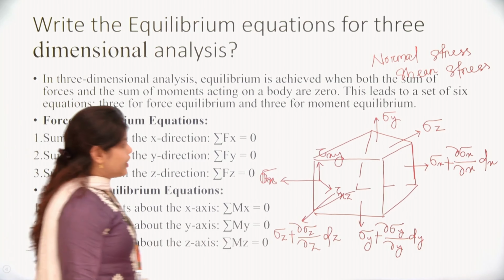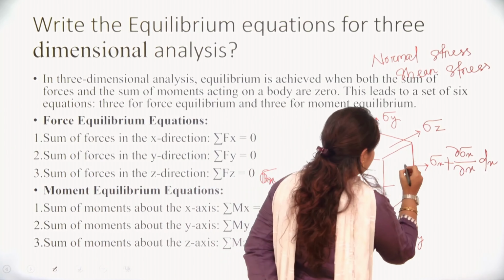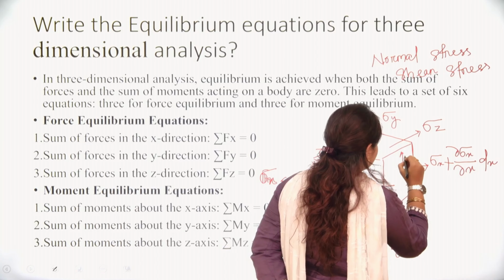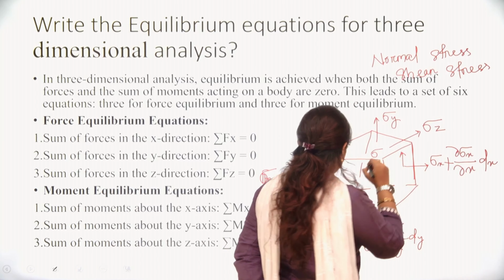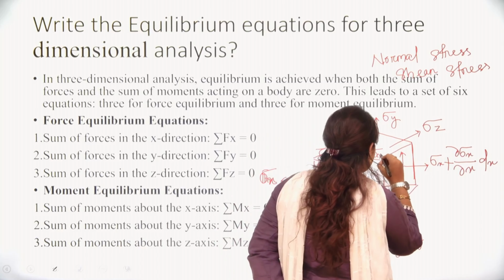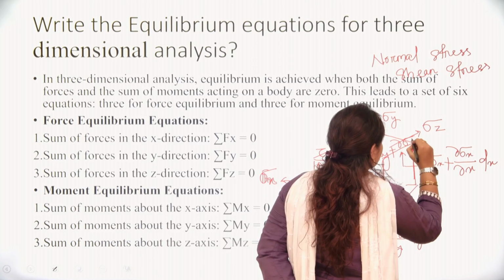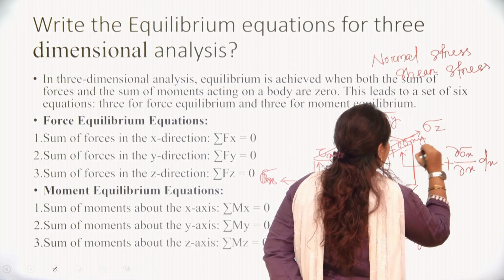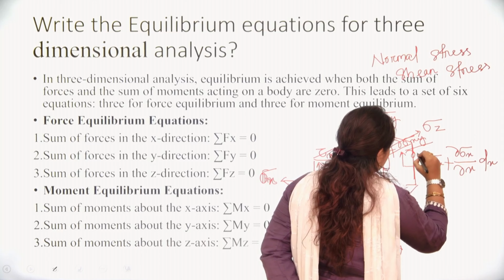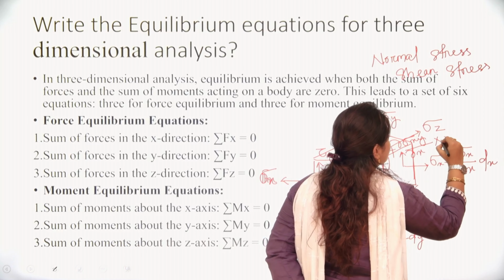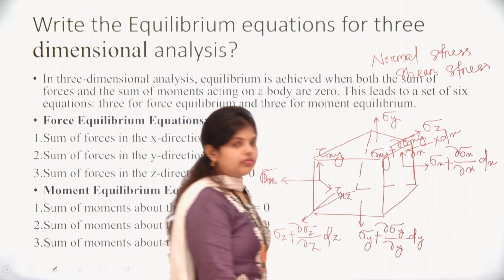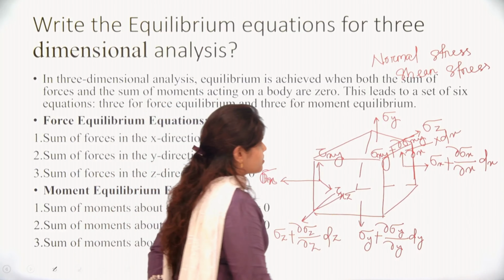Similarly, here we will have in the y direction tau xy plus del tau xy divided by del x into dx, as it is in the x direction.